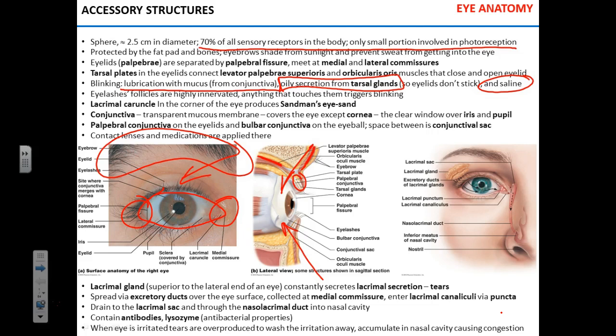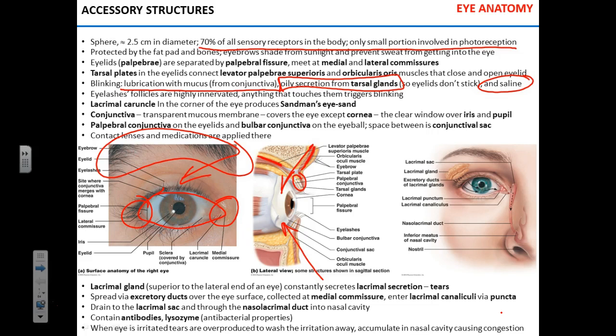Eyelashes. The main function is to sense if something gets closer to the eye. There's a lot of innervation. Eyelashes are hairs, right? And hairs are anchored in follicles. So these follicles are innervated really well. And when something touches the eyelashes, you blink.